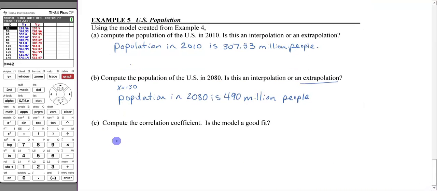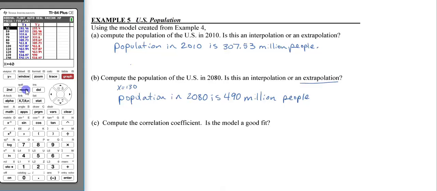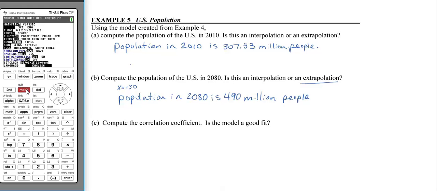Now we're going to compute the correlation coefficient and see if the model is a good fit. Go into the mode of your calculator, and if you scroll down to Stat Diagnostics, the default is that it is turned off. So scroll over to on and hit enter.